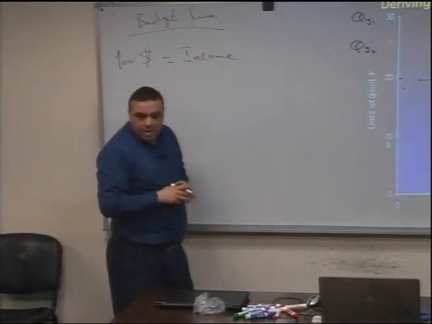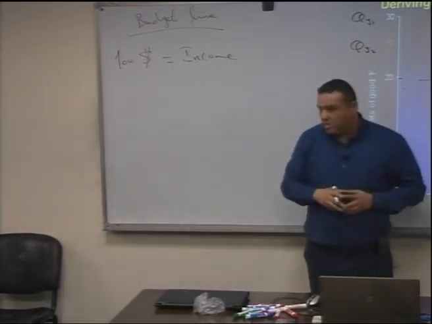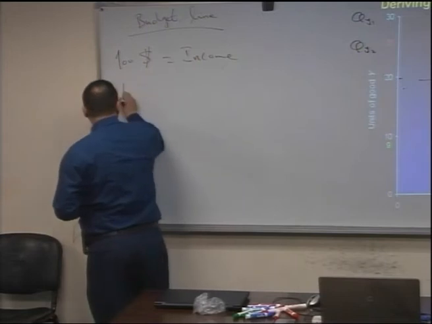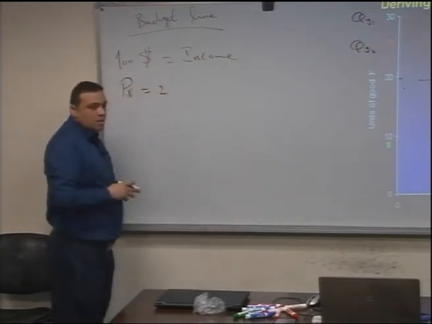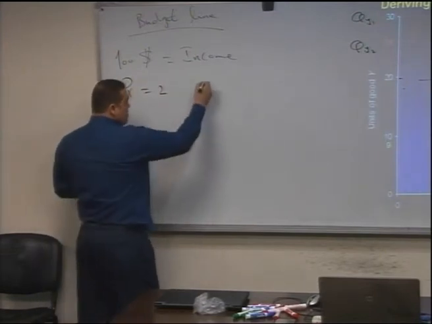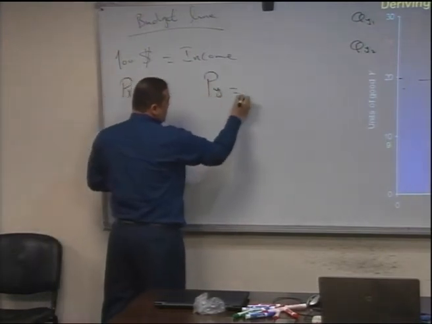And the price per unit of X equals $2. And the price per unit of Y equals $1.